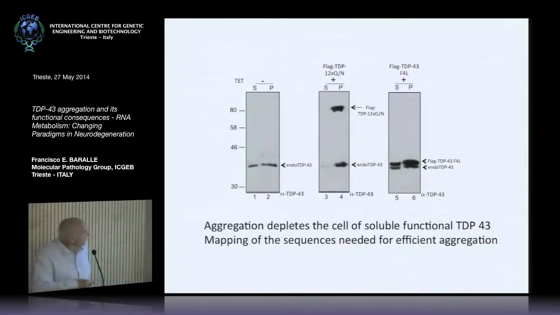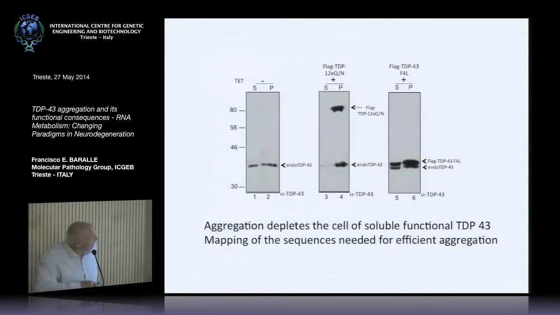Well, what the aggregates do is very simple. They shift from the soluble fraction to the insoluble fraction all the TDP-43 that is in the cell.